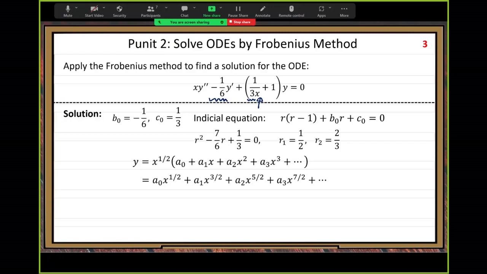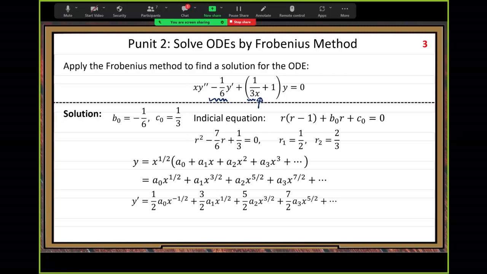Then we are ready to take the first derivative and second derivative. This one needs a little more calculation. First derivative, power rule, is always going to be what?